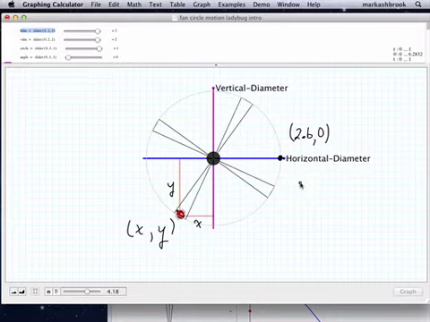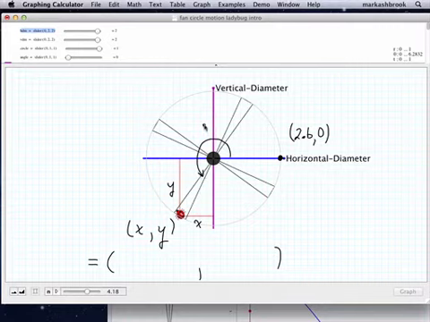So how would we do that? How can we express, so let's say the bug has turned an angle of theta. What is the x coordinate in terms of theta? Is it cosine theta?